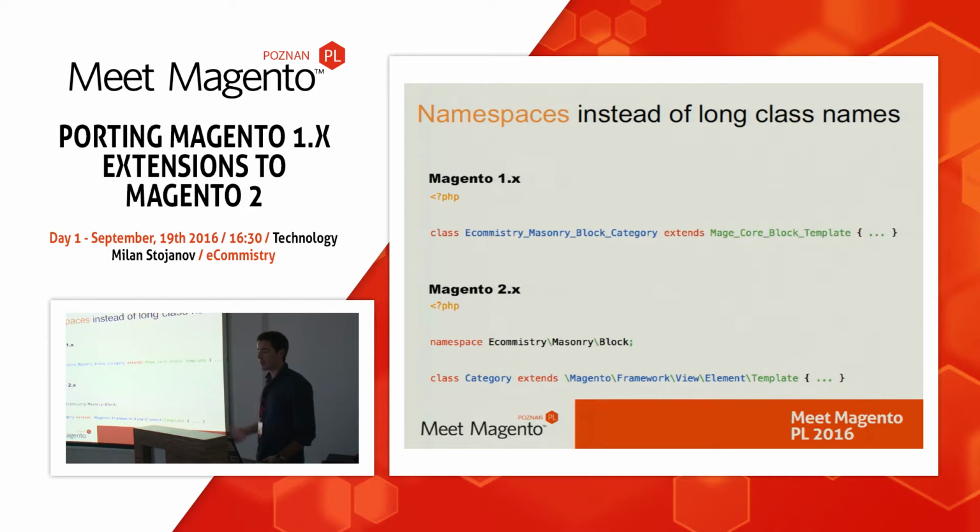For example, a Category class can exist in multiple locations in our file system, and we needed to use long class names in order to be very specific about a particular Category class. So when you're porting your extensions, you'll have to replace all long class names with corresponding namespaces. For example, the long Mage catalog block category class name simply becomes Category with a proper namespace defined at the top.